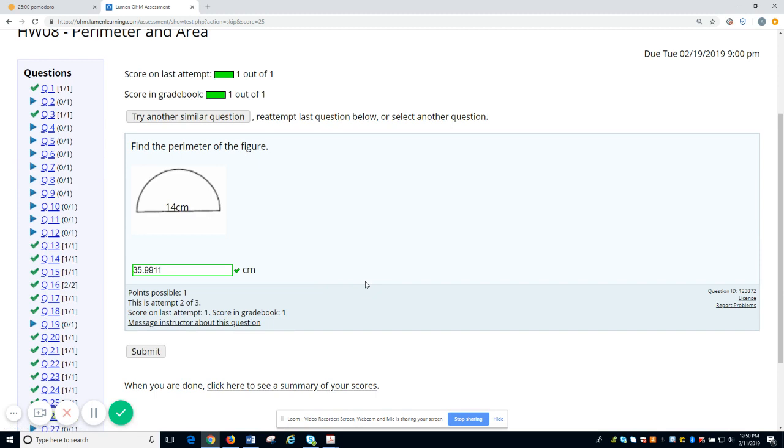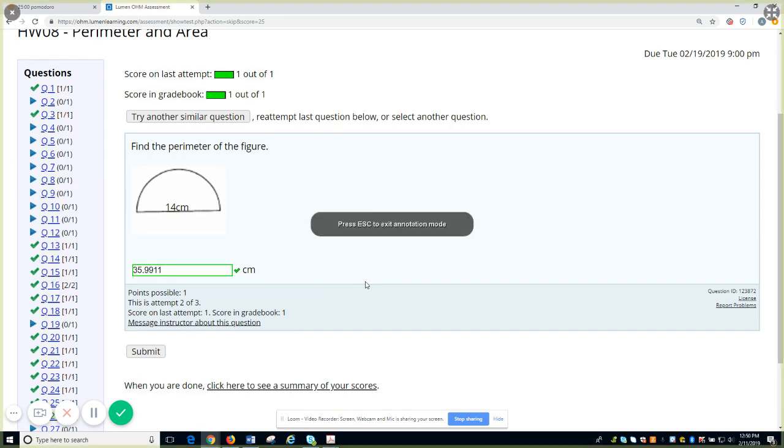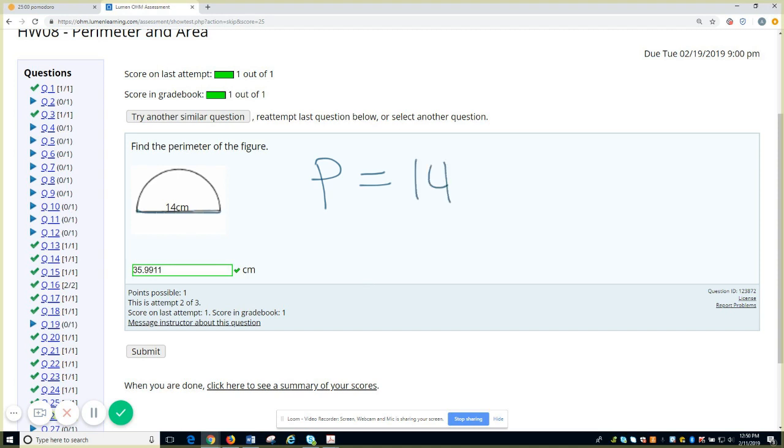So how did I get that? All right, so to find the perimeter in this case, I took this side, which was 14, and then I wanted to figure out the length of this side, which again, I pretended that this was a full circle, and I wanted to find the circumference of that full circle, which is pi times diameter.